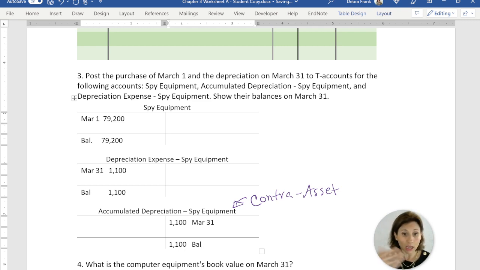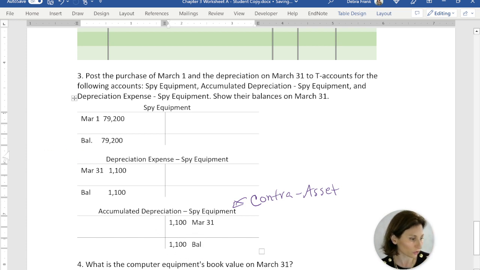If we did the April 30th adjusting journal entry, it would be another 1,100, and we'd have a balance of 2,200. That account will keep accumulating.